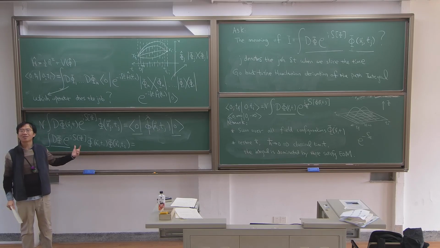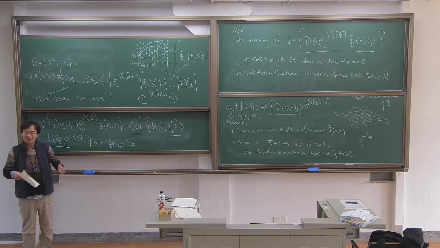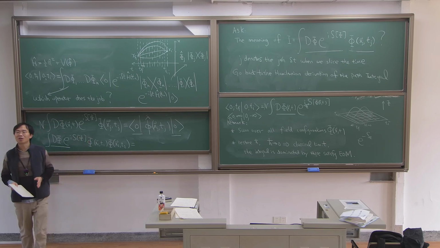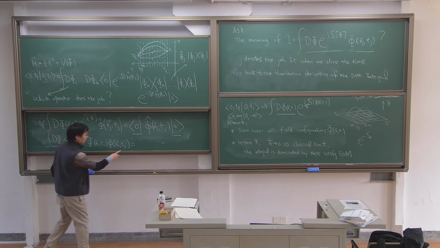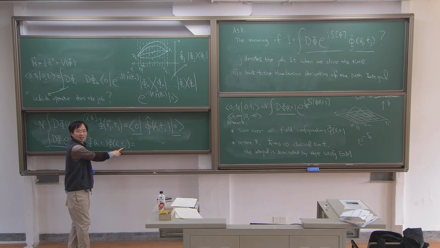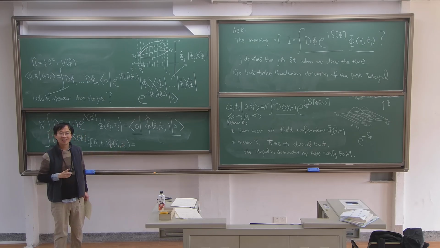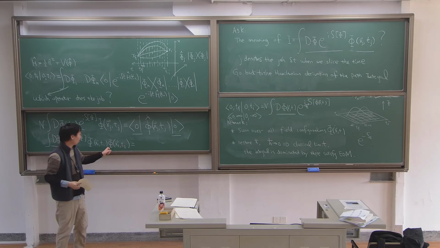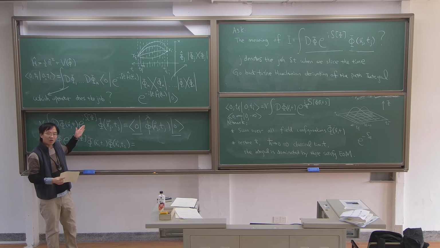if you accept that connection with this canonical picture, then automatically you realize that the earlier time has to be always located on the right, and the later time has to be always located on the left.